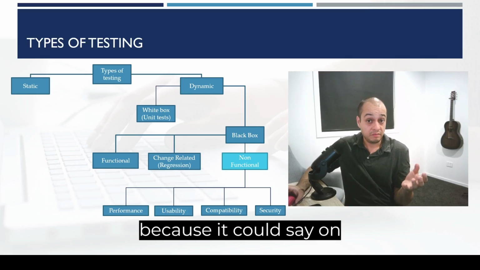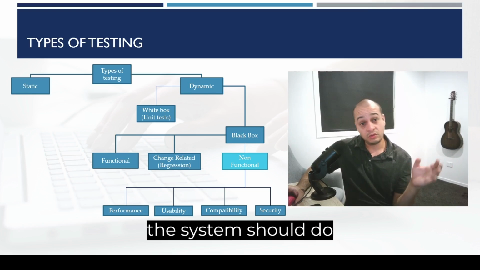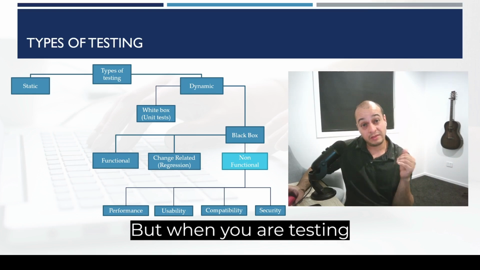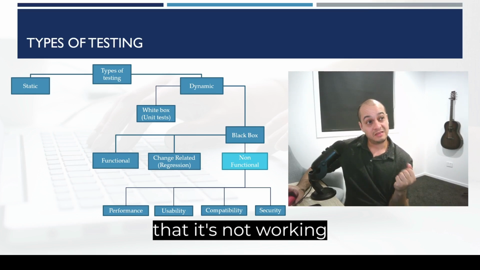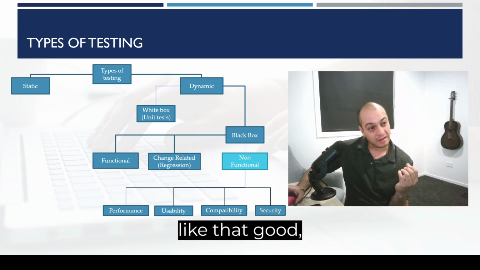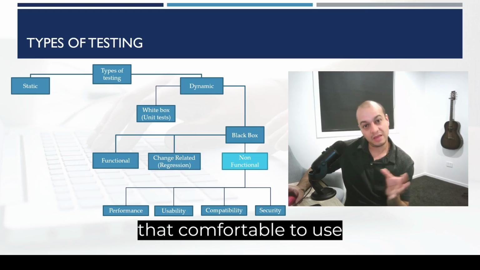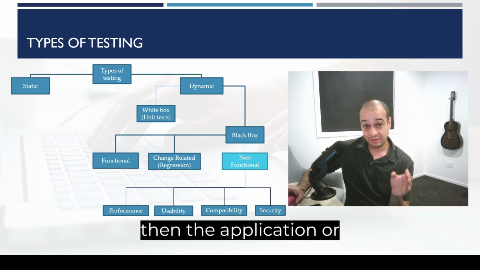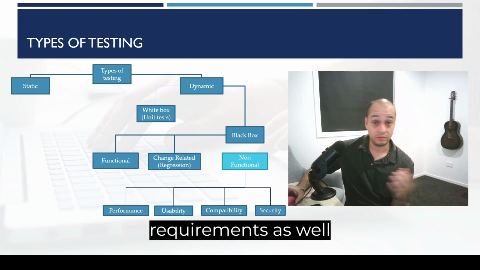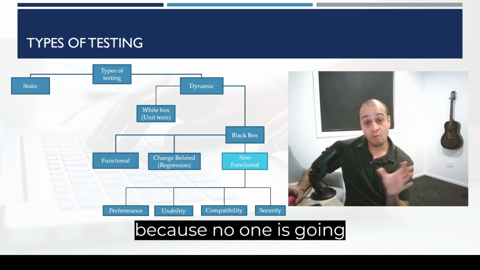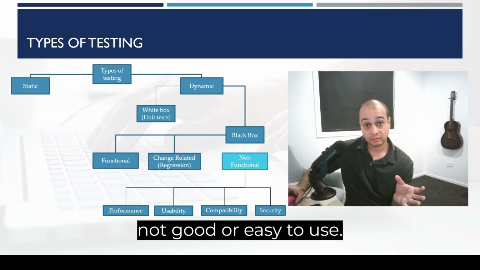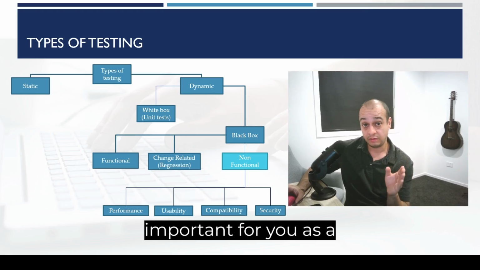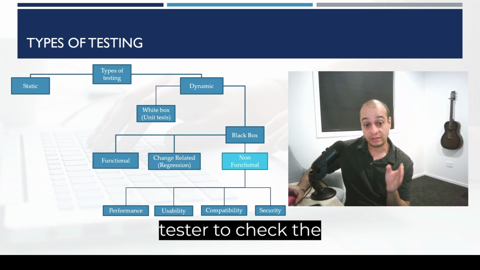Because it could say in the requirements that the system should do certain things, but when you are testing them and you see that it doesn't feel comfortable to use the application, then the application or the system needs to be changed, and probably the requirements as well, because no one is going to use something that is not good or easy to use. So that's also really important for you as a tester to check the usability.